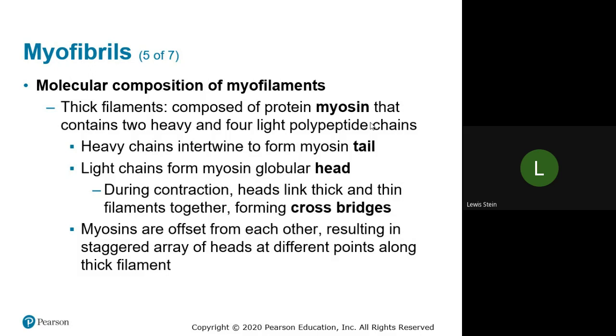So on actin, you have myosin binding sites. On myosin, you have actin binding sites, not for what it's on, but what it's going to attach to. On the actin, those myosin binding sites are covered by a strand-like protein called tropomyosin. There's several of them, and they sort of swirl around.